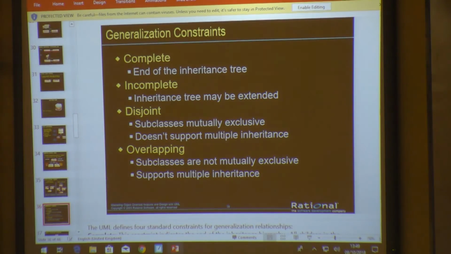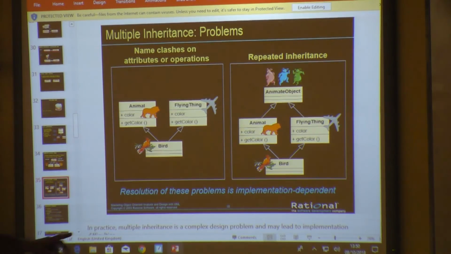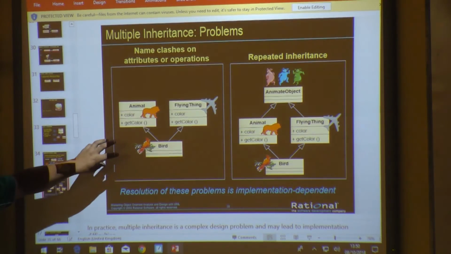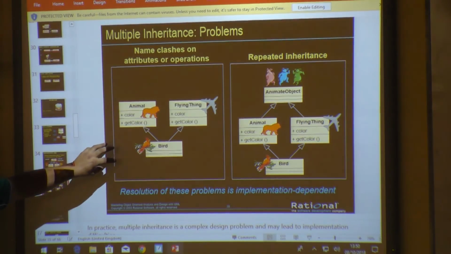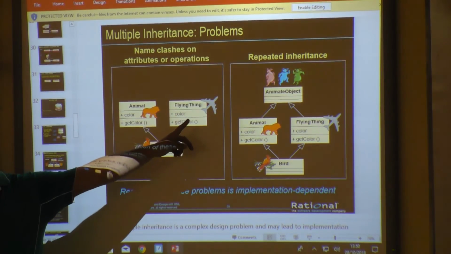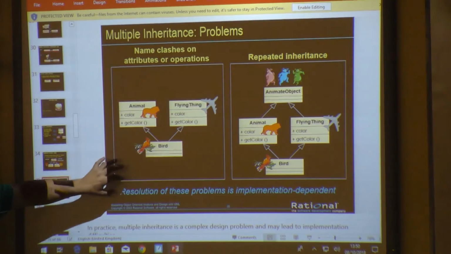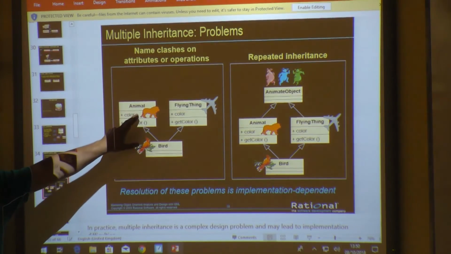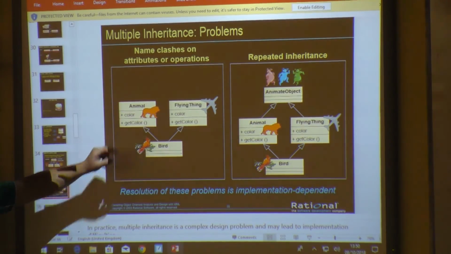Now, disjoint talks about the subclasses being mutually exclusive. It doesn't support multiple inheritance. So if we had to model a lion in here, let's say an actual lion class, wouldn't that lion be considered a flying thing? No. It would just be one which is related to an animal.